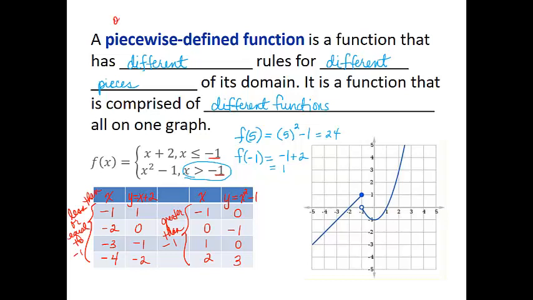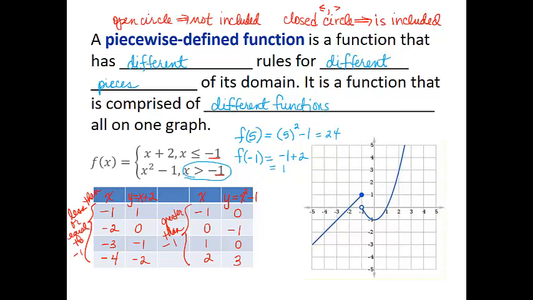An open circle means that that point is not included in the graph, and a closed circle means that that point is included. The closed circle will be used when you have a less than or equal to or greater than or equal to. Open circle is when I have a strictly less than or strictly greater than.